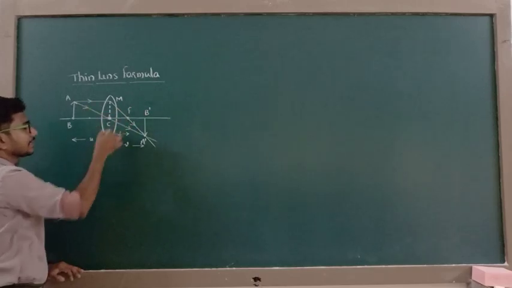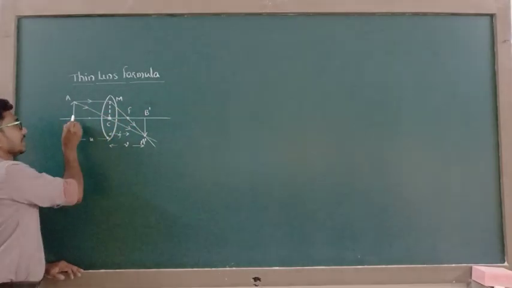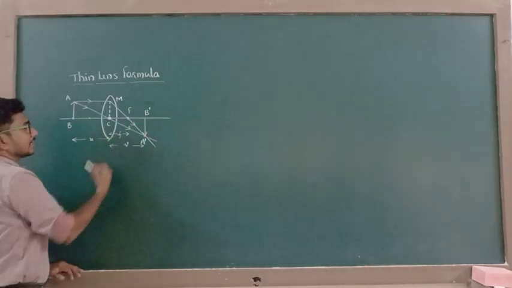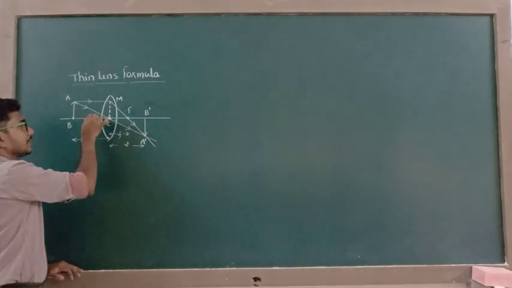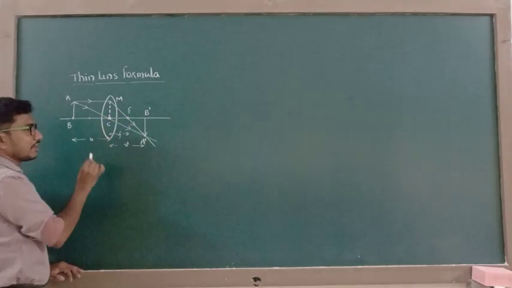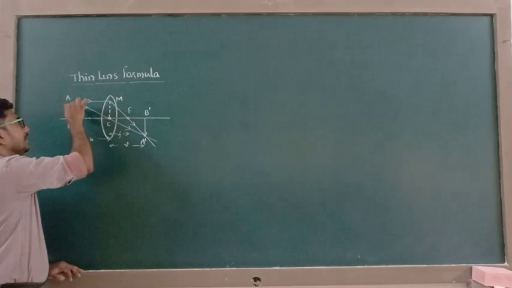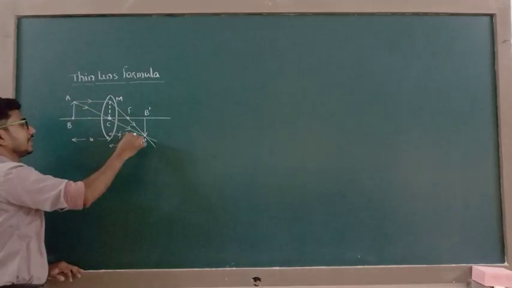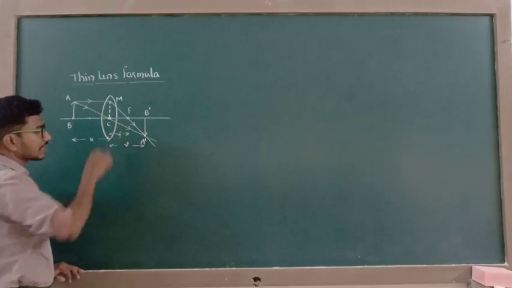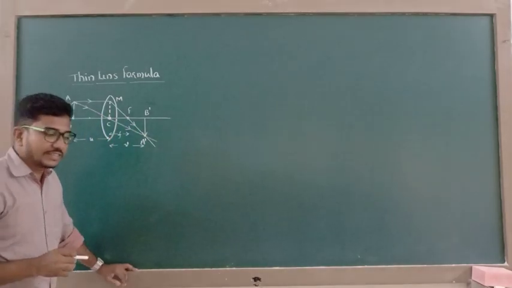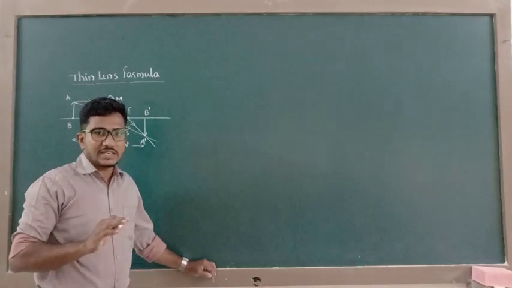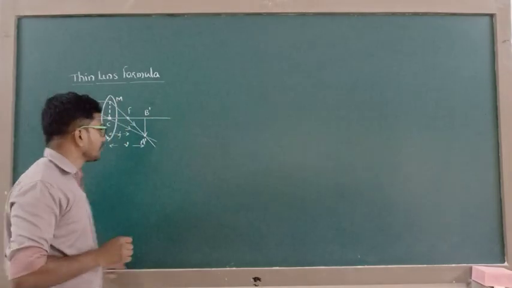These two triangles are similar triangles because this angle is 90, and here this angle is also 90. If this angle is equal to theta, then this angle is also equal to theta because of vertically opposite angles, and this angle is 90 minus theta, and hence this angle is also 90 minus theta. Therefore these two triangles are similar. In case of similar triangles, we can write the ratio of heights is equal to the ratio of the bases.